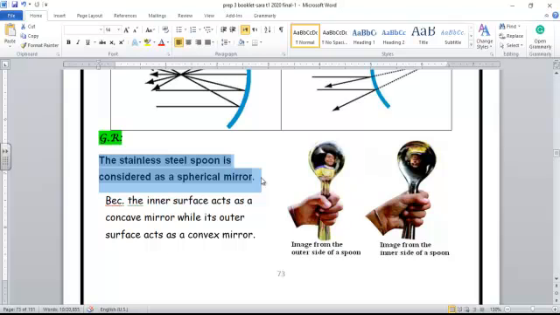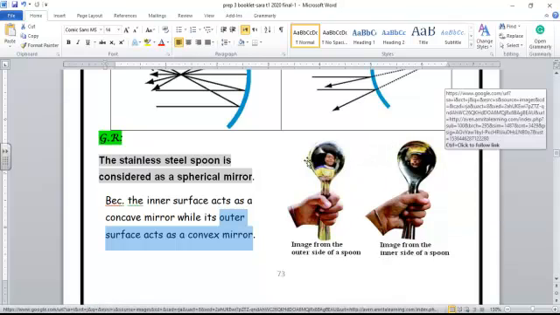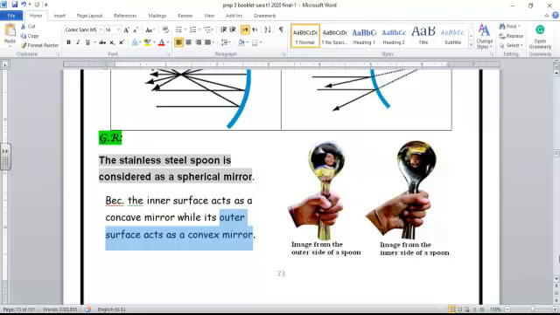You find the inner surface acts as a concave mirror, while the outer surface acts as a convex mirror. Look at this picture, you can easily differentiate between them. In the concave mirror, your image is small and inverted, while the outer surface, as a convex mirror, shows your face large and upright.